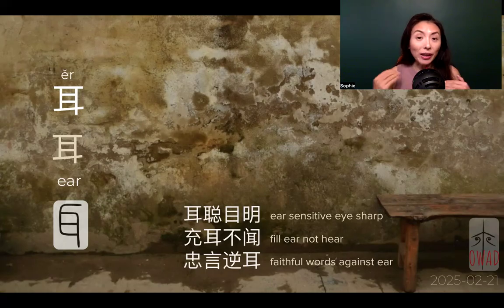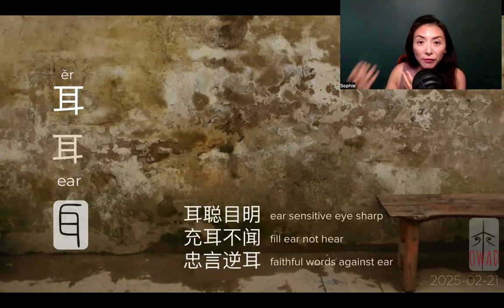So it's not only other people's faithful understanding of you, but also other people being faithful to you as good mentors or friends or peers. They want to see the better of you.